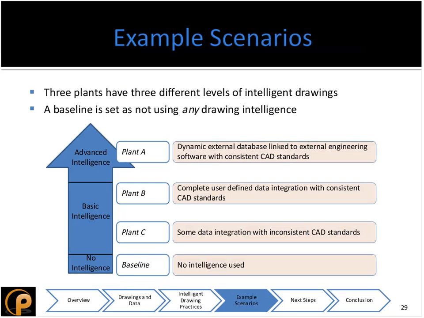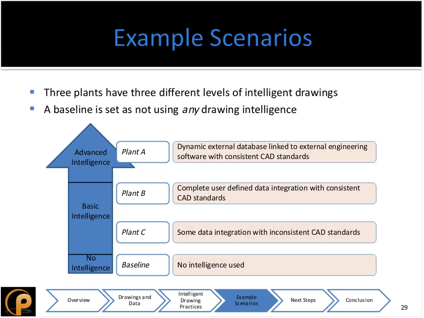So in order to demonstrate this, I want to go through some examples. So let's go through 3 example scenarios, and we'll use 3 example facilities I call Plant A, Plant B, and Plant C. And then in each scenario, we'll have a baseline case. And so each facility has different levels of intelligent drawings.